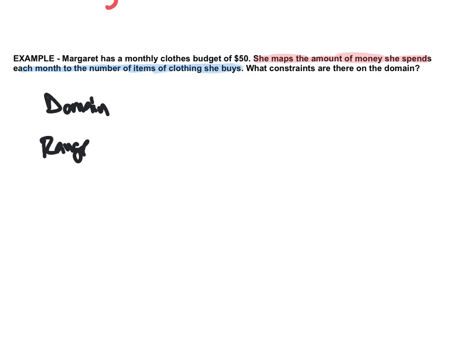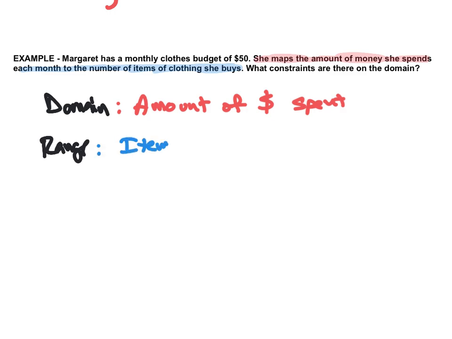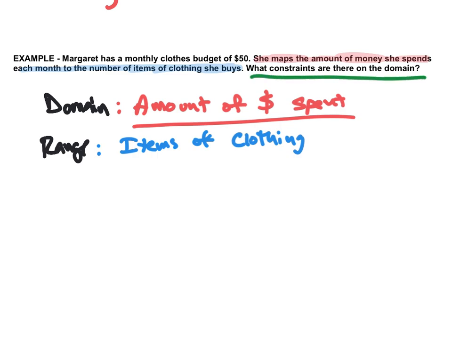So the domain is actually kind of the opposite. It's the amount of money she spends. Amount of money spent. And then range would be the items of clothing. So when we figure that out, all right, it's the amount of money that is spent, we want to know, okay, well, what are the constraints on the domain?